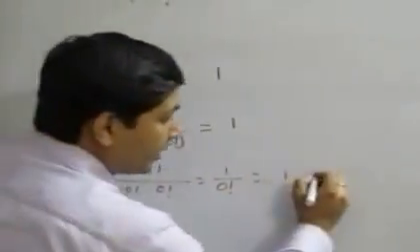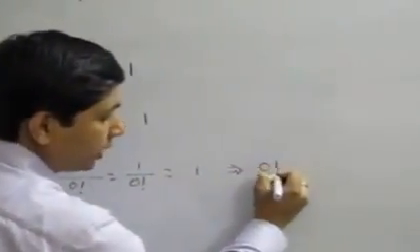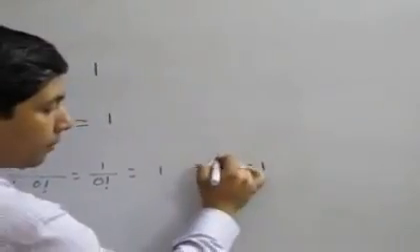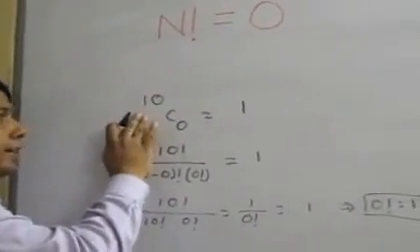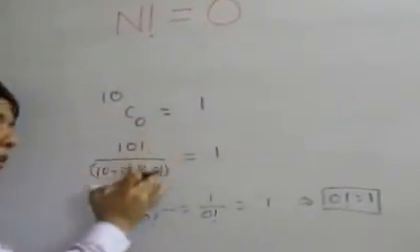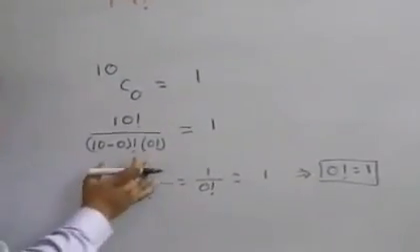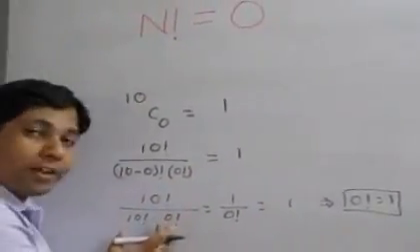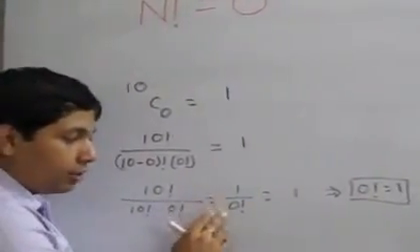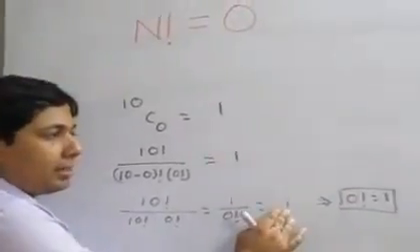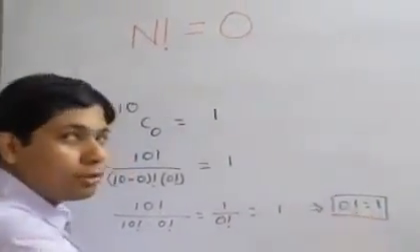Hence from this we can conclude that 0 factorial is equal to 1. Here I have taken the example of 10. You can take nC0 equal to 1. Then also you will get the same step, n factorial by n factorial into 0 factorial. n factorial will get cancelled out and we get 1 by 0 factorial equal to 1, which ultimately gives us 0 factorial is equal to 1.